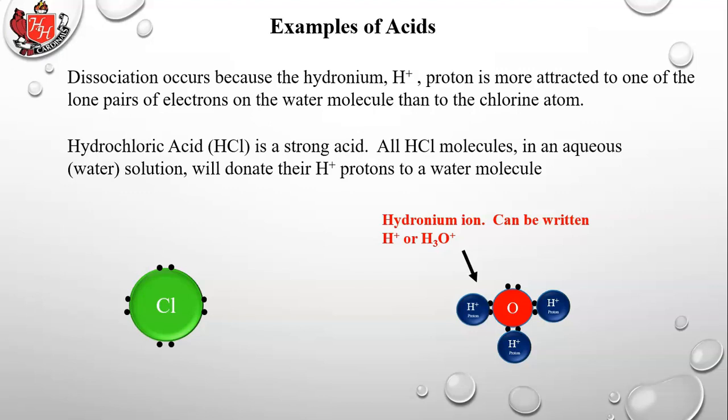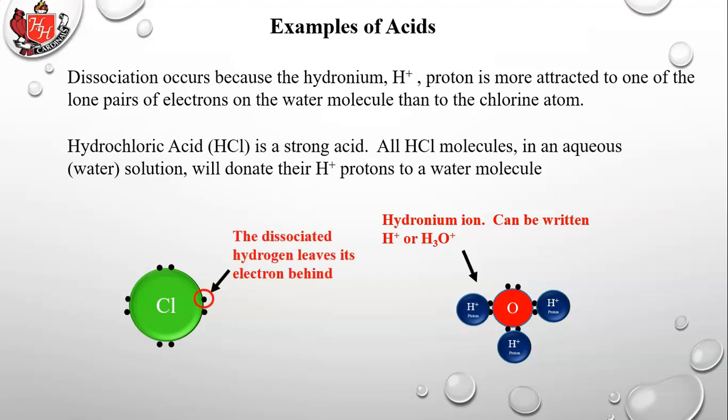Again, the reason for that is that the proton does not just simply jump away from the chlorine for no reason. It's pulled away by the water molecule. Therefore, the moment it leaves the chlorine, it's immediately attached to the water molecule. And therefore, we treat H+, the proton, and H3O+, that entire compound, as being the same thing. Both represent a hydronium ion.